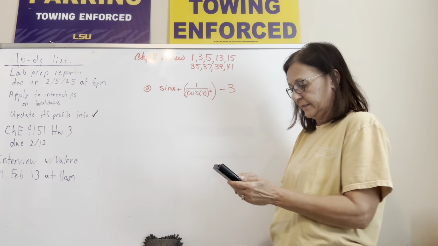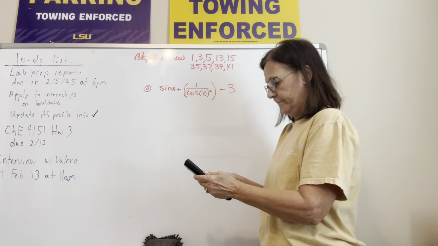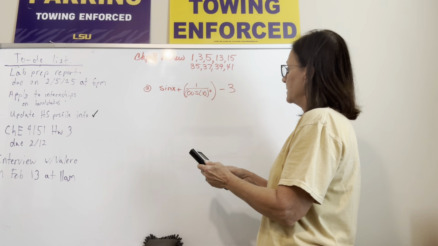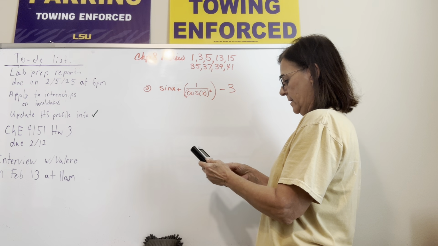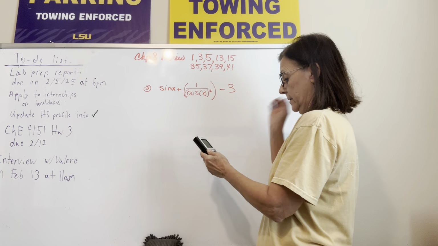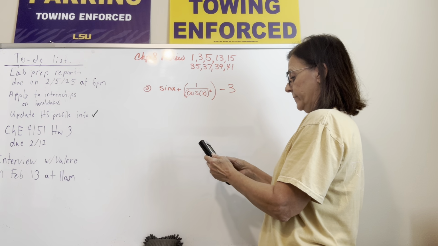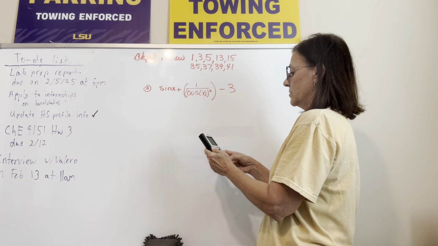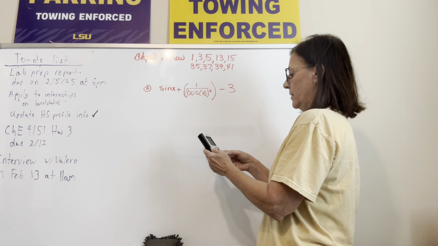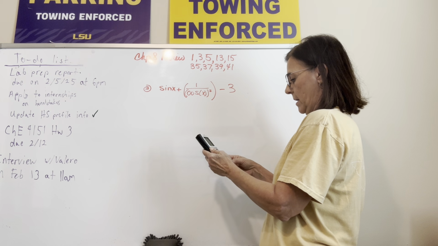I should have put all of these in first. All right, sine x plus 1 divided by, gotta make sure I have all my cosine x, close, squared, close, minus 3.